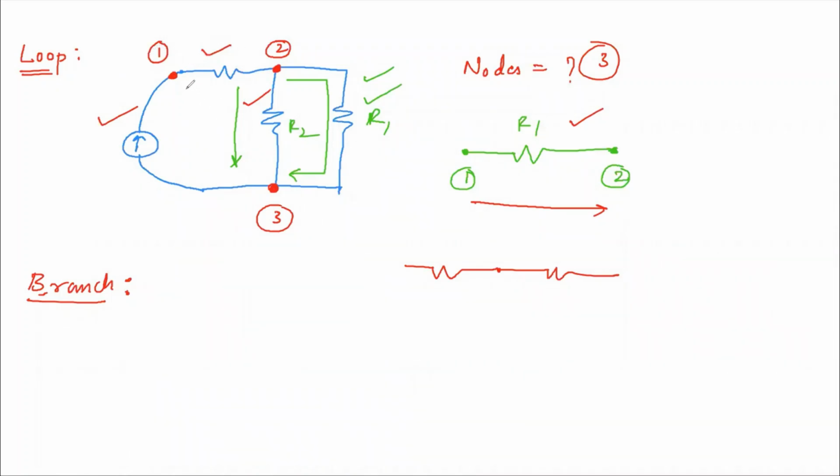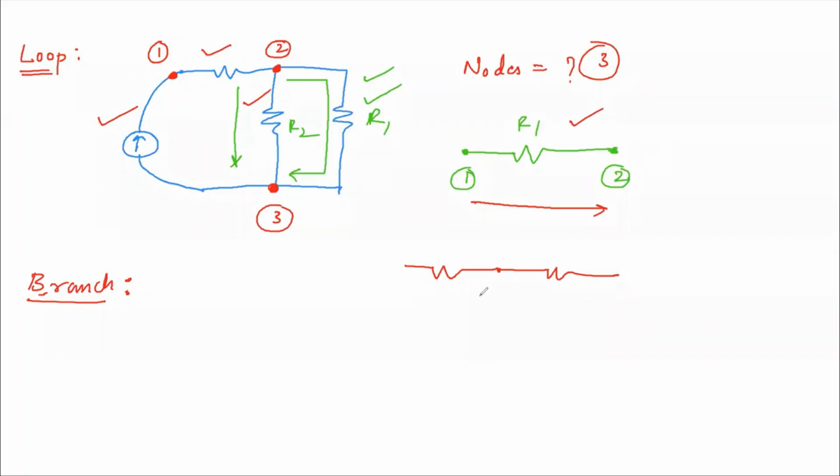Is it qualified as a path from 1 to 2? Yes, sir. It is a single path, and there is a simple element, and there is a node at each end of that element. Then that is qualified as a branch. Understood? So now you got it? Clear? Yes, sir. So this is called a branch.